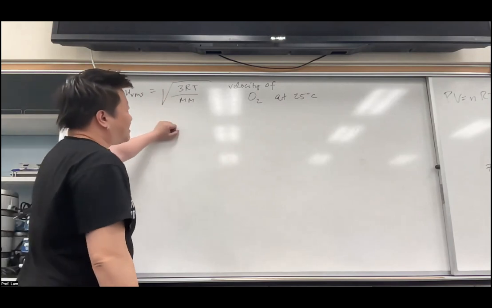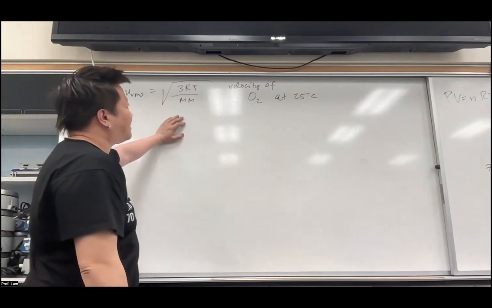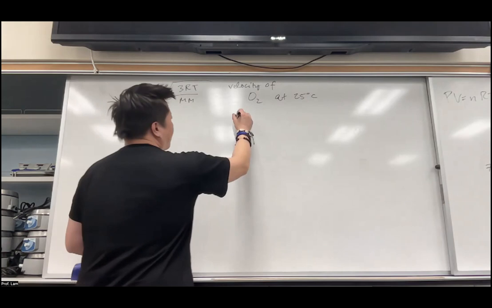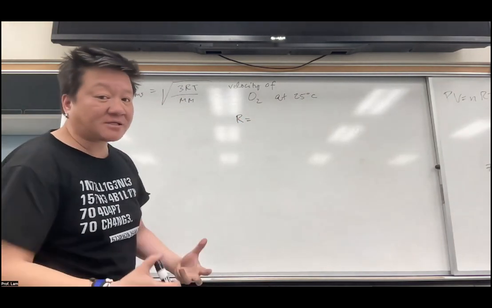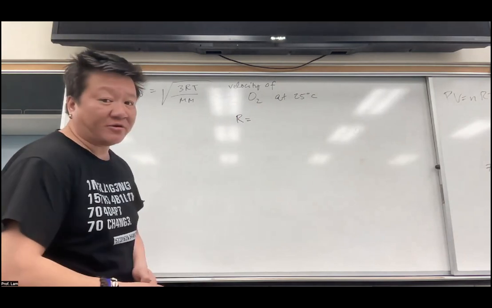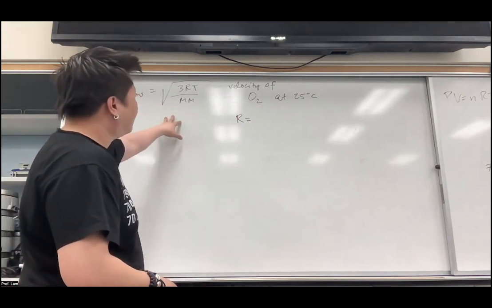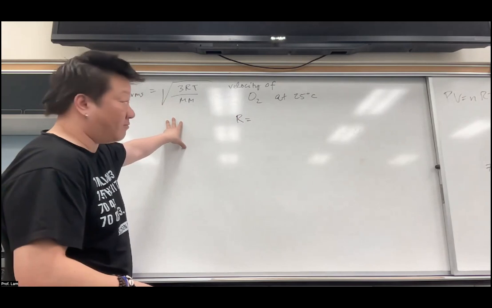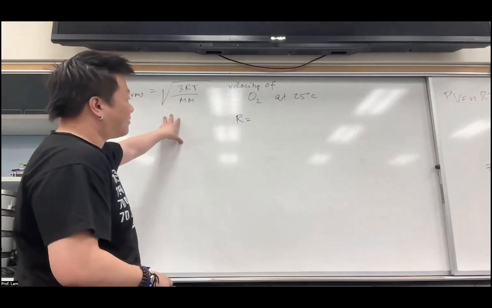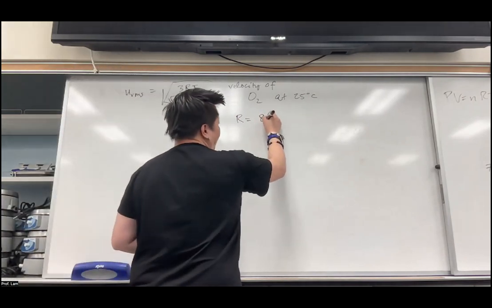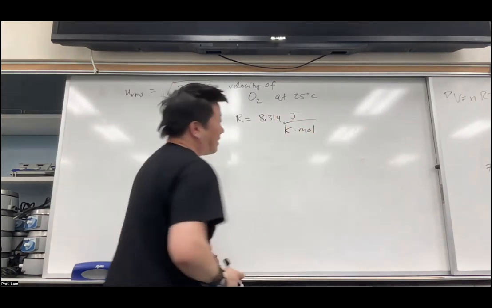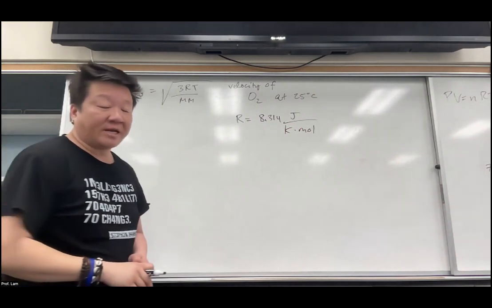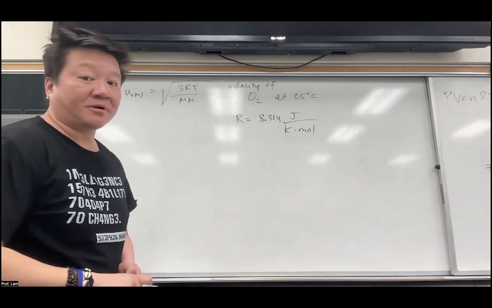Square root of 3RT. So what you have to realize here is the R that's used in this equation, it is still the gas constant R, but it has a different unit. Since we're talking about speed and energy, you're going to use the 8.314 joules per kelvin mole, instead of the 0.08206 liter atm per kelvin mole.